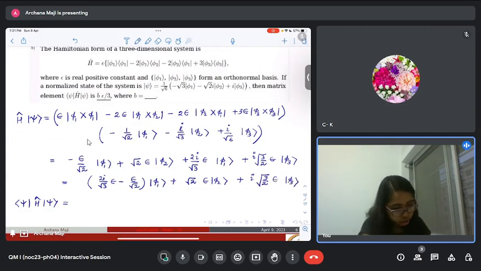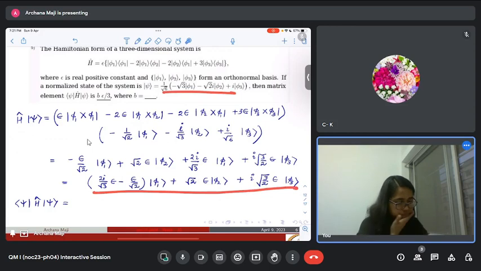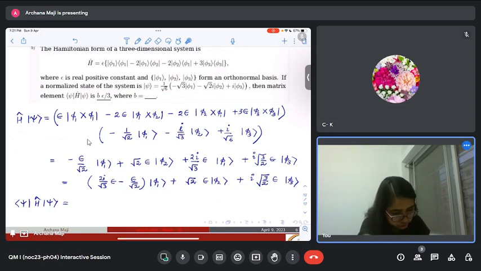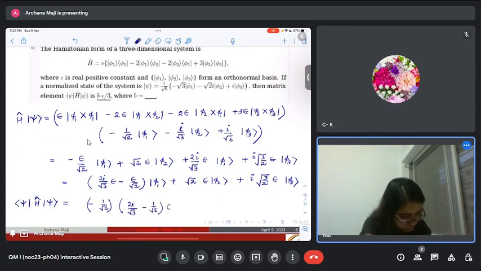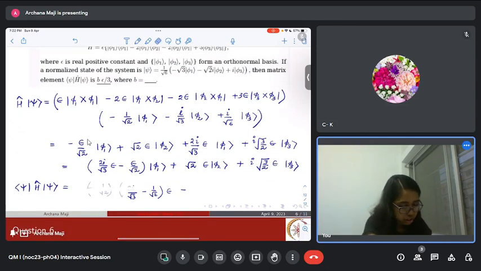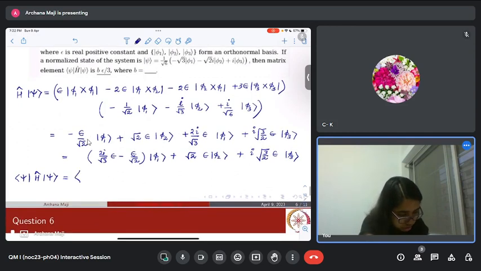So when we take the inner product of this state with this one, I'll just write the result. So it's minus 1 over square root 2 times this term, 2i over square root 3 minus 1 over square root 2 epsilon, then minus, oh sorry, let me write that thing, otherwise we may end up making a mistake.